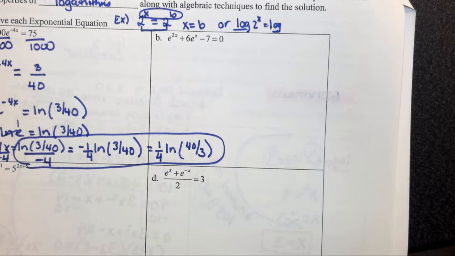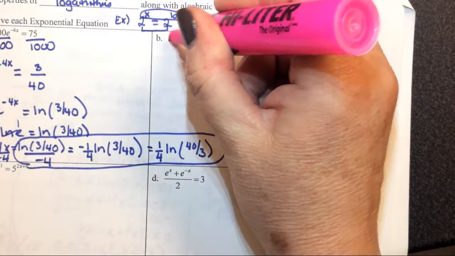Back earlier in the year, I introduced to you the idea that quadratic equations can come in many forms. And we studied the trig quadratic equations. You're used to seeing just an x squared. But what makes a quadratic equation is when you have a base raised to a power of 2. When you have a quadratic exponential function, and that's what we have here, this is what you need to be on the lookout for.